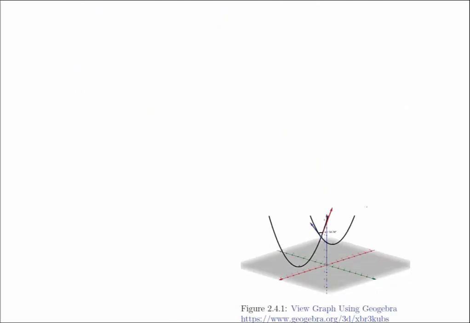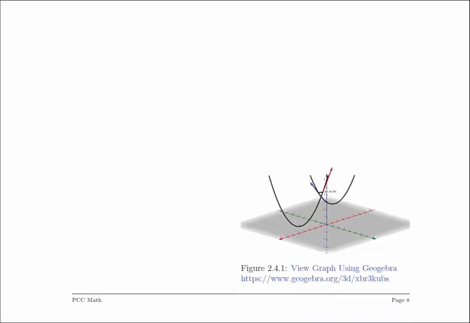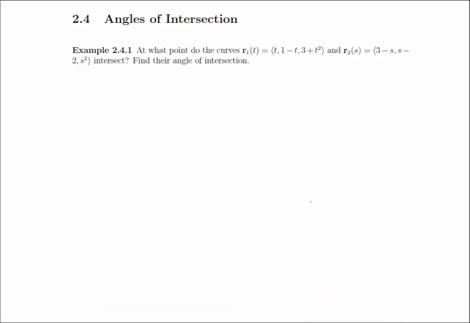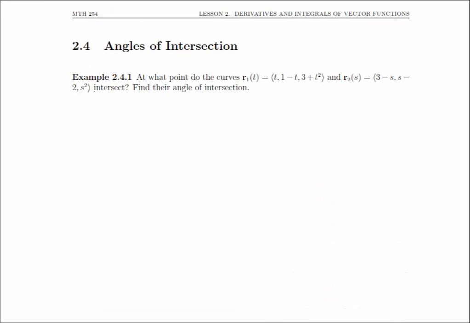I've plotted them in GeoGebra so we can see the whole purpose. They're both plotted right here, and we can see that they do intersect. We're going to find that point, and we can say, okay, if they're intersecting here, then this curve's going in this direction, this one's going in this direction. At that specific instance, what is the angle between those curves? So we're going to go through and determine all of that now.